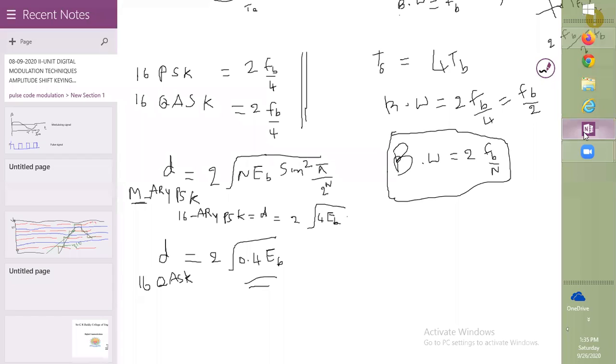So what is the value? Which one has the distance maximum, 16 QASK or 16 array PSK?